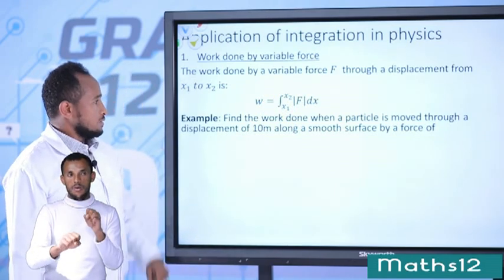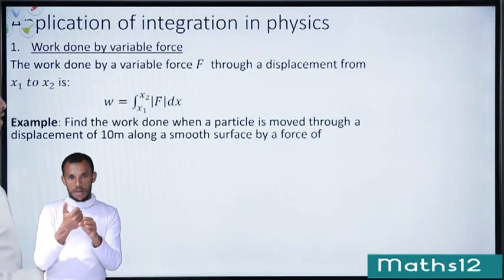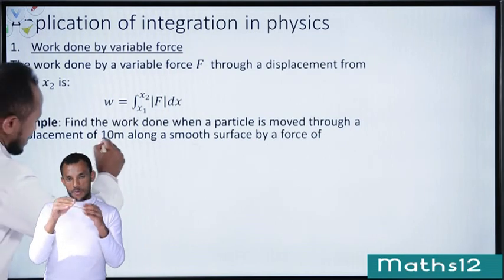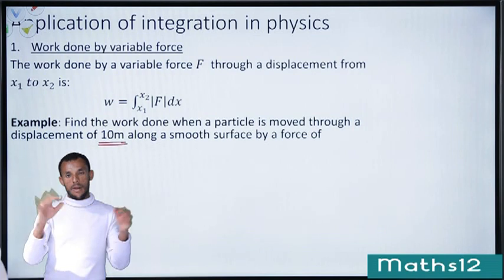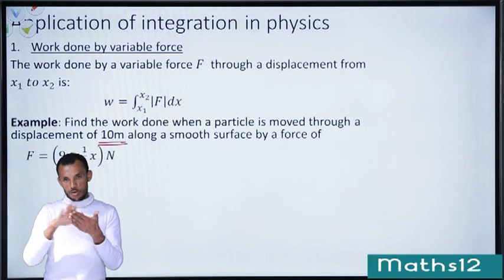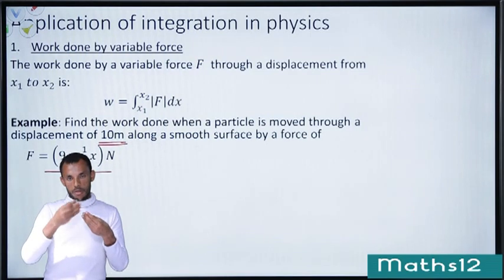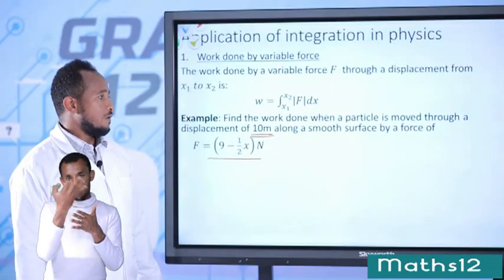So look at this example, we're asked to find the work done when a particle is moved through a displacement of 10 meters along a smooth surface by a variable force. The variable force is given to be 9 minus 1 over 2 x. It depends on displacement, so this is a variable force.